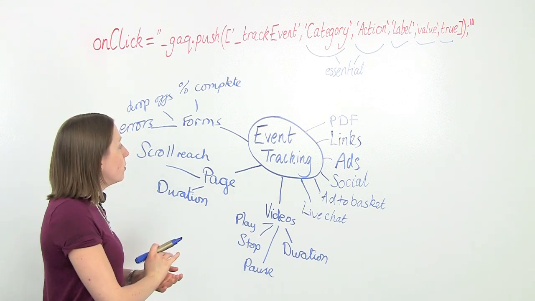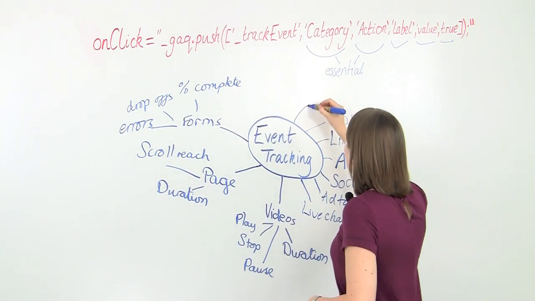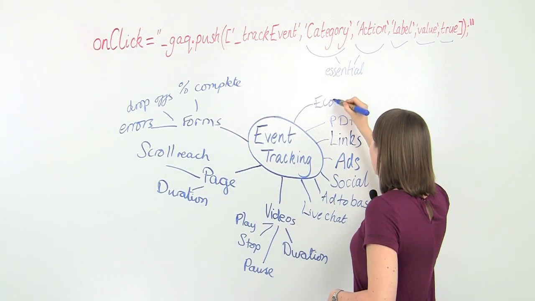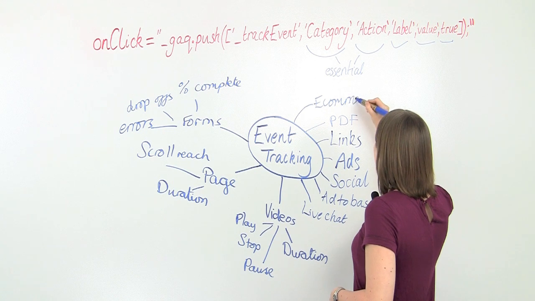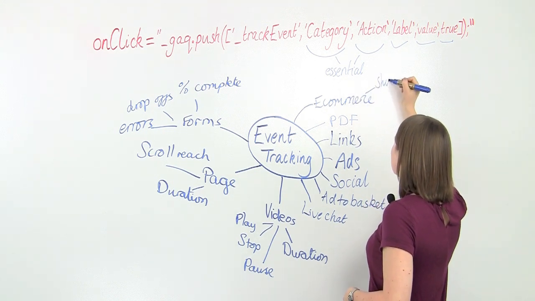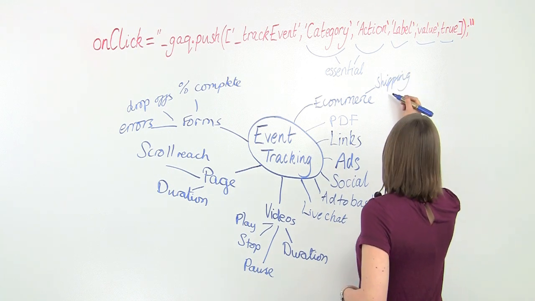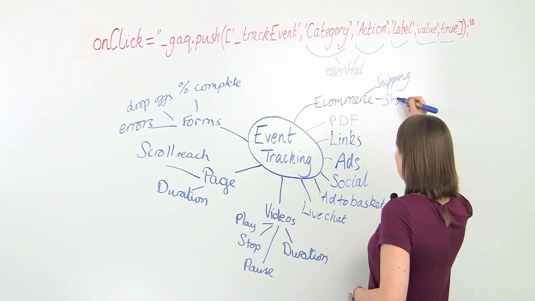There's still more. We could be using event tracking for additional e-commerce data. So e-commerce. We could have things like shipping details. We could also have the stock levels.